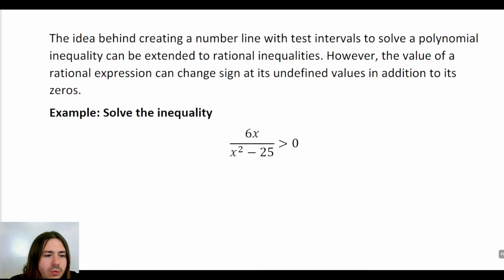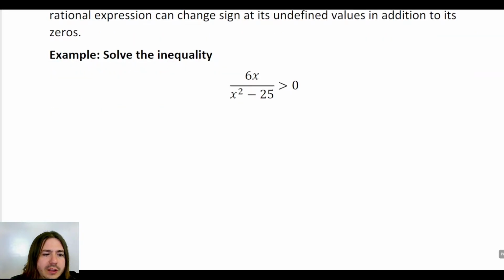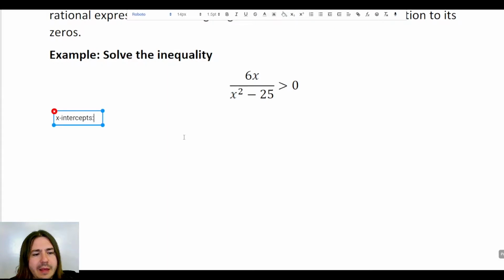So we're going to find two different things. We're going to find where the x-intercepts are, and we're also going to find what values make the function undefined. Those values that make the function undefined could either be holes or vertical asymptotes. We're not going to really get into all that yet.